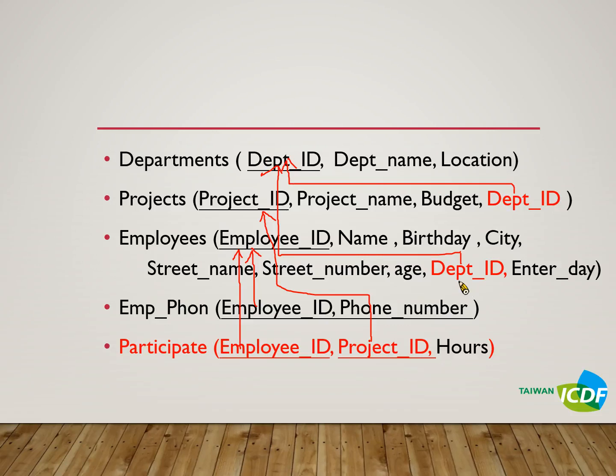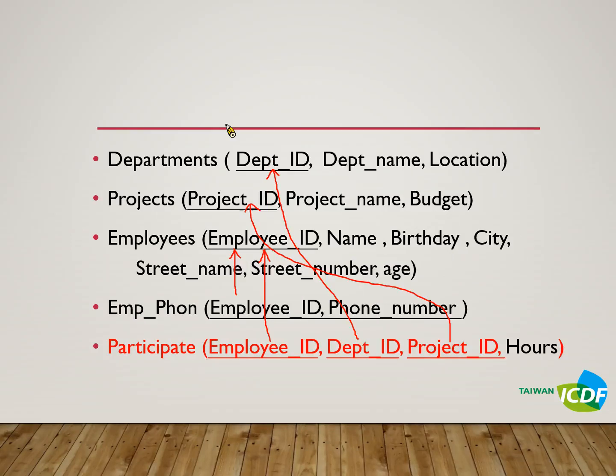The same can be seen in the employee table, which records not only the employee's attributes, but also the attributes associated with department. So the binary relationships are also demonstrated in the relational schema.